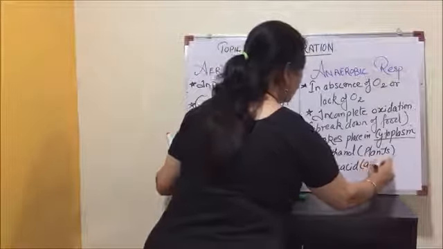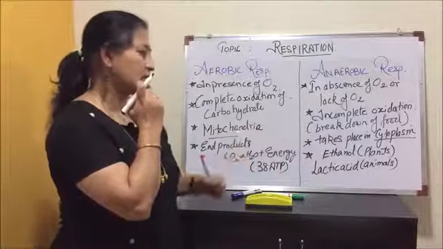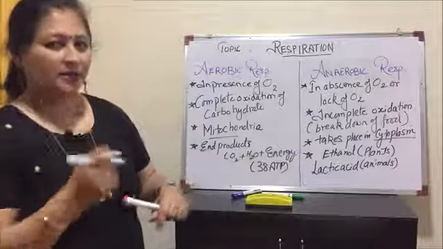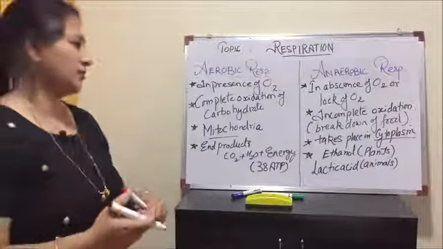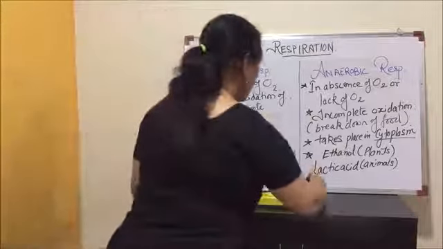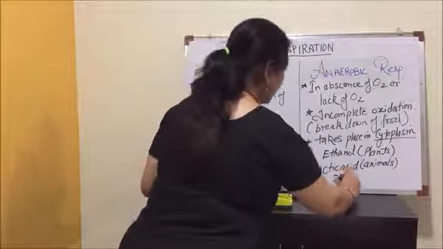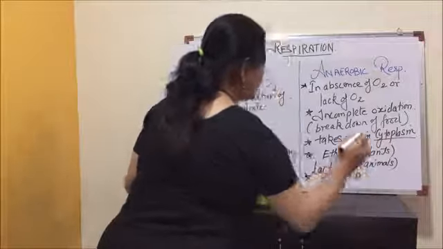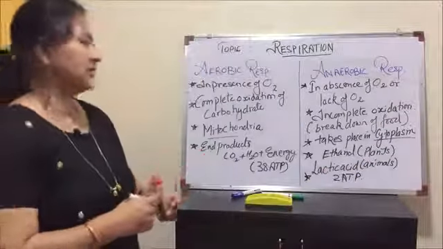Ethanol is C2H5OH, and lactic acid is C3H6O3, half of your glucose. So lactic acid is a 3-carbon compound. Lactic acid is released in animals because there is incomplete oxidation of glucose. Now coming to how much ATP is produced in anaerobic respiration, 2 ATP.